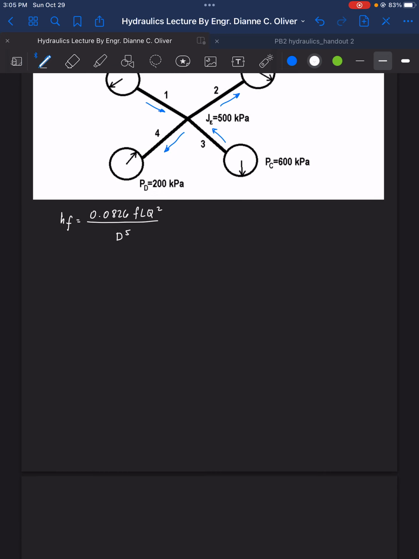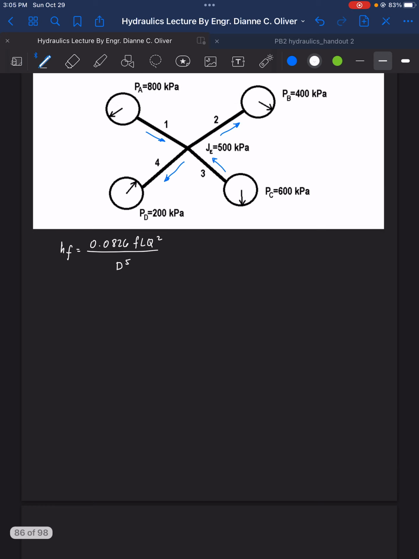For our head loss, how do we get the head loss here? So our head loss is equal to the head, wherein the head here is the pressure head.